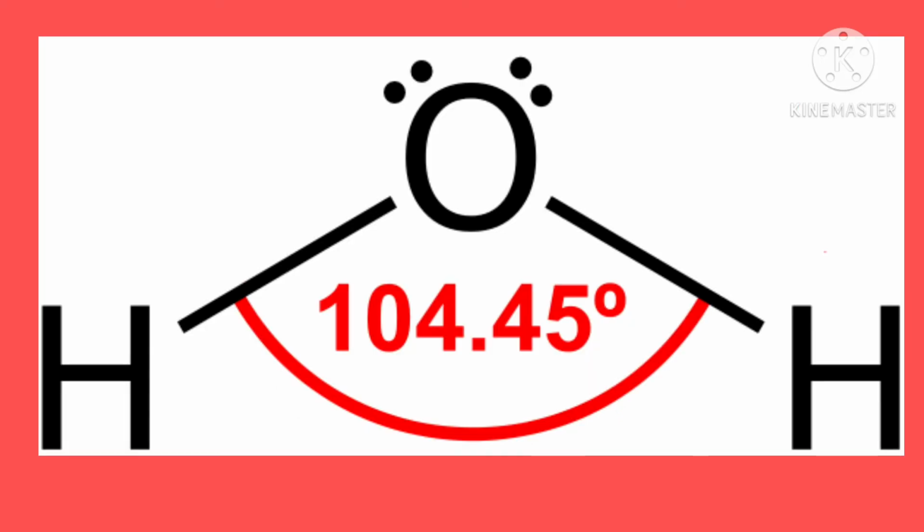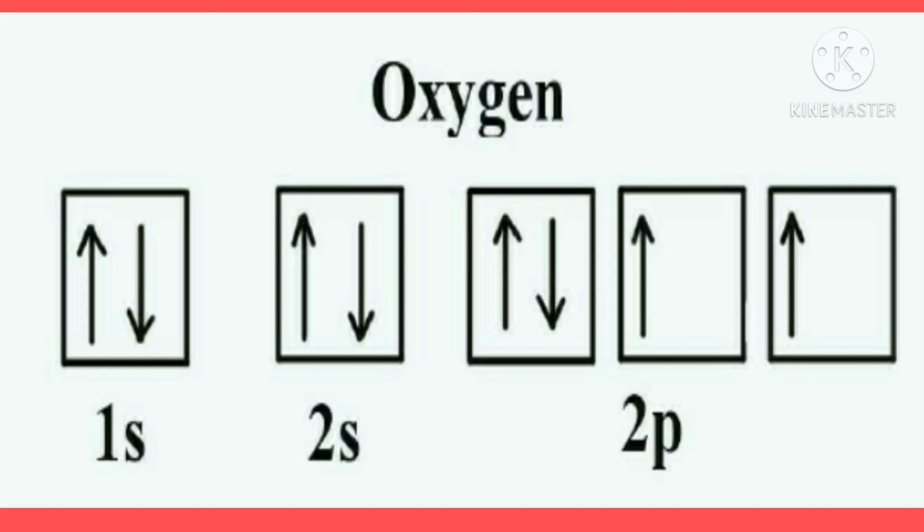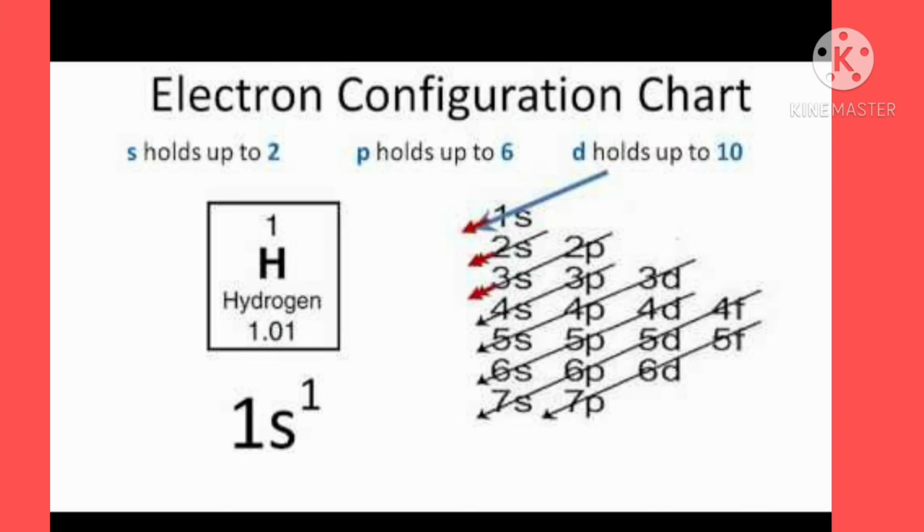It is found that in the water molecule the bond angle is 104 degrees 31 minutes. The electronic configuration of the central atom oxygen is 1s2, 2s2, 2px2, 2py1, 2pz1, and the electronic configuration of hydrogen is 1s1.